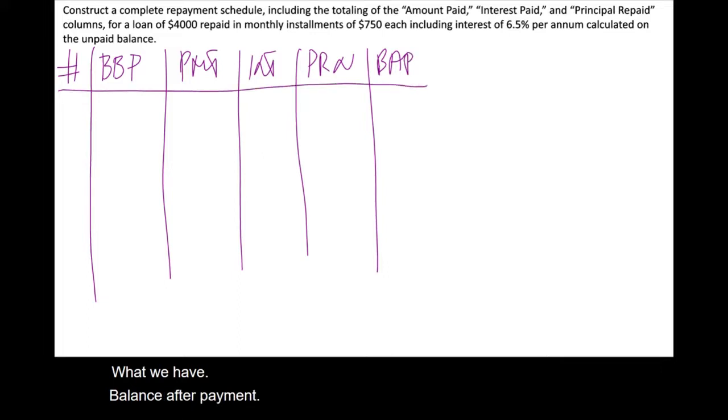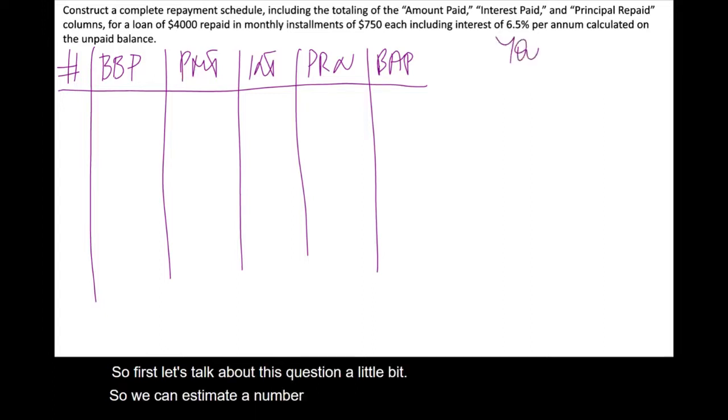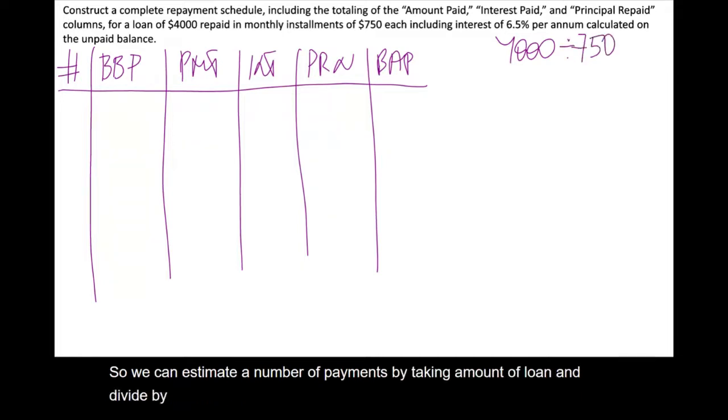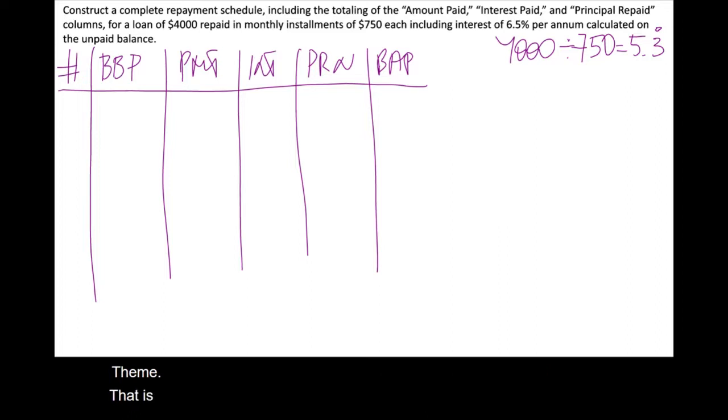First let's talk about this question a little bit. We can estimate the number of payments by taking the amount of the loan and dividing by the amount of payment. That is 5.3 in period. In other words, I have 6 payments.